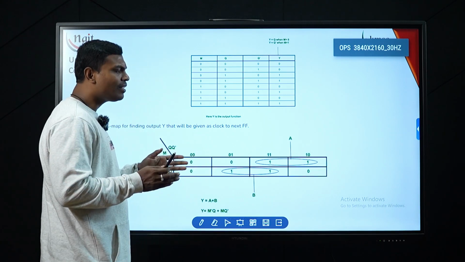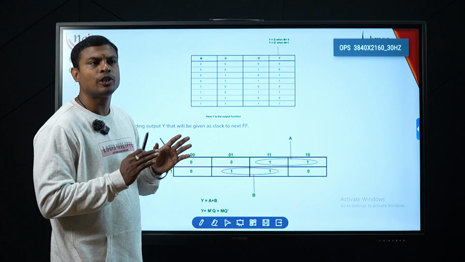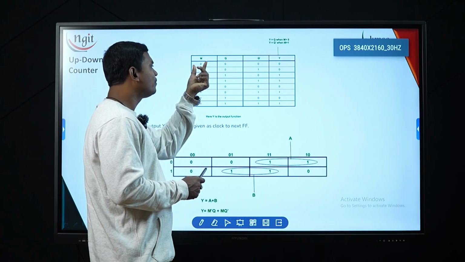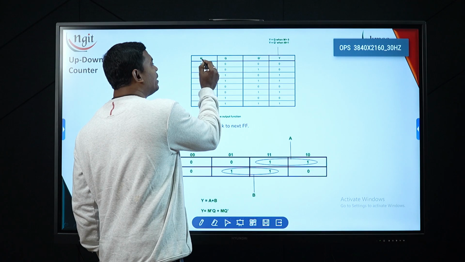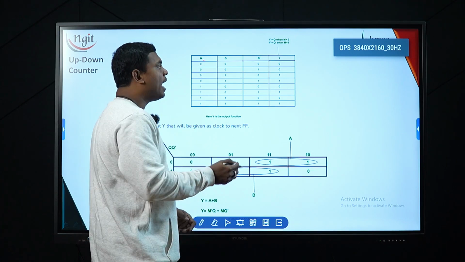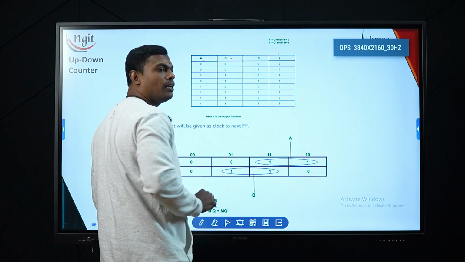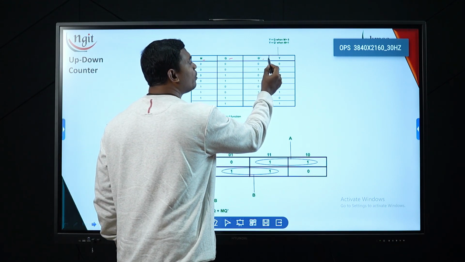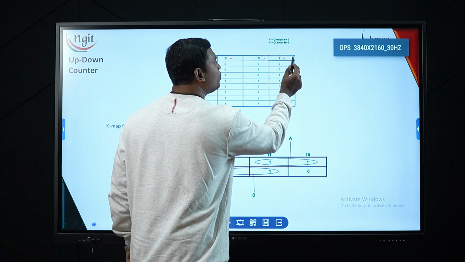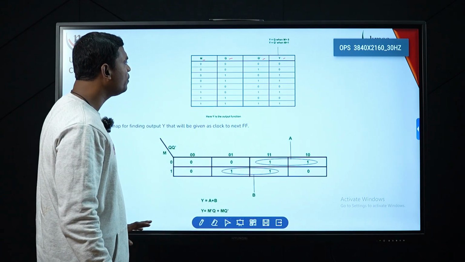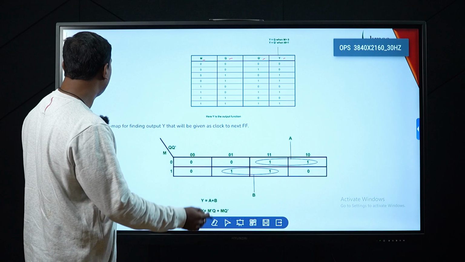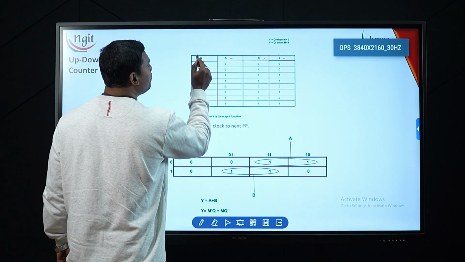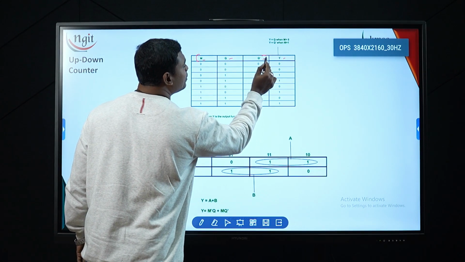Now as we need to perform up counting and down counting in one single device, I am taking a controller here. The controller I am representing with M, and Q is for performing the up counting, Q bar is for performing down counting, and this is my output Y. Now I am considering M, Q and Q bar as my inputs.